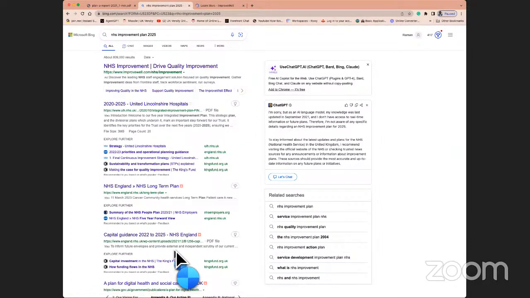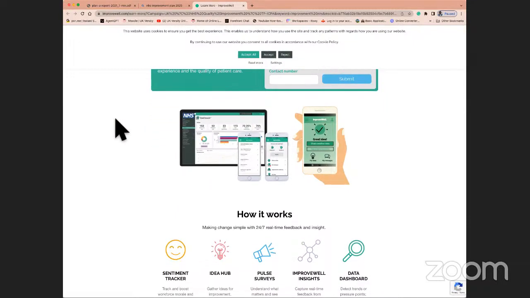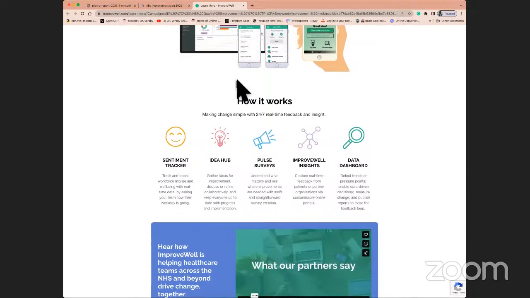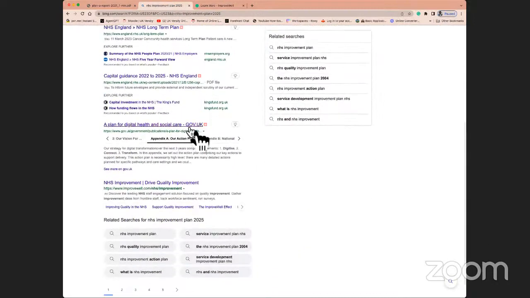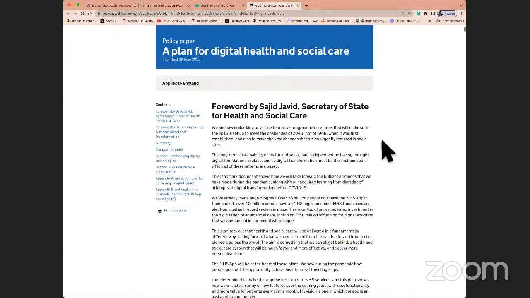That plan is quite detailed, and it talks about making changes towards primary care, towards secondary care, and then some of the other departments within the organization. It would be a good read for you to understand how this planning is put into place by the government approved. And then it takes several years for this plan to be achieved.